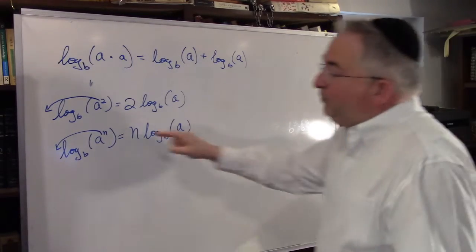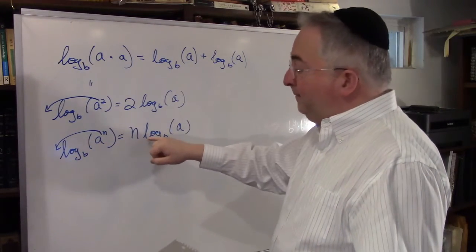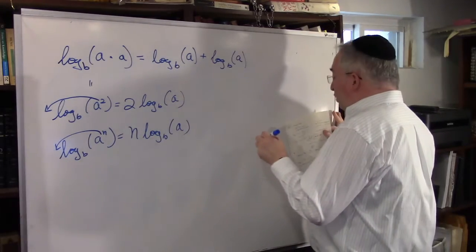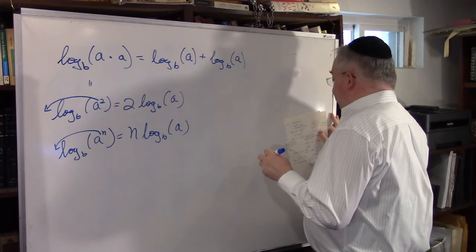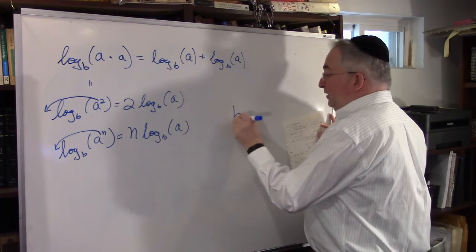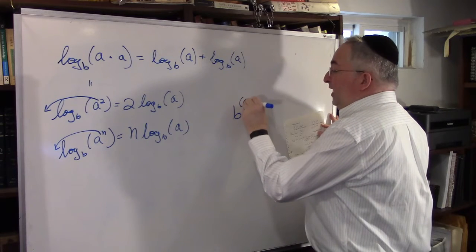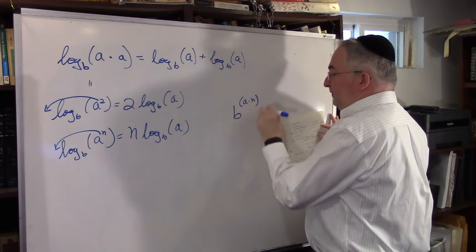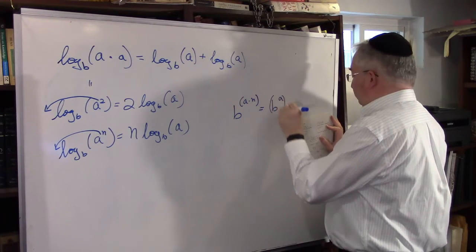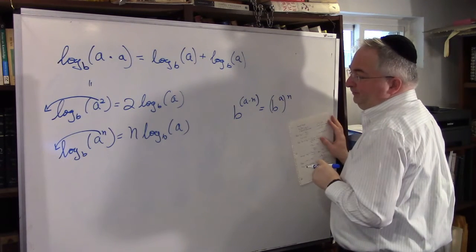So exponentials become multiplication. And this is not strange because we know this from exponentials. b to the a times n is equal to b to the a, to the nth power.